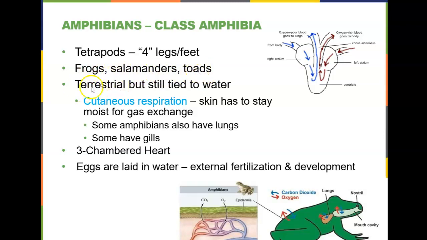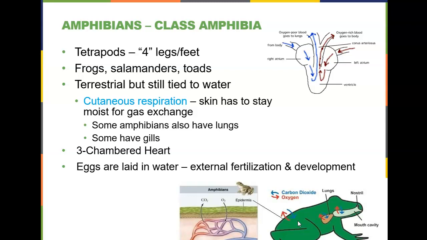They are terrestrial, meaning they live on land, but this class is still tied to water, must live near water, no matter which group you fall into. Why? Because they have cutaneous respiration. This means, and it's shown here in this frog diagram, that they breathe across their skin.